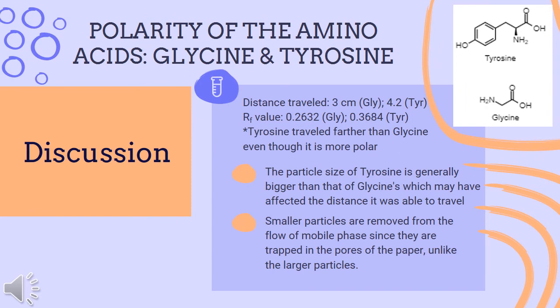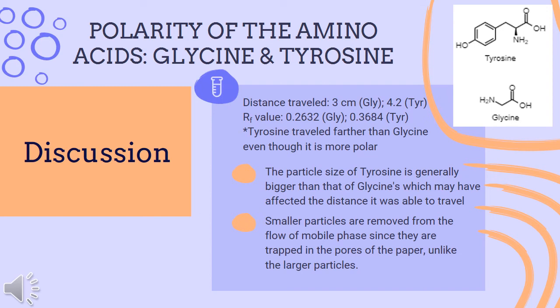Glycine is also nonpolar, but is less so than leucine since it only has hydrogen on its side chain. On the other hand, tyrosine is a less polar amino acid than lysine because of the presence of a benzyl group. Although tyrosine is more polar than glycine, it traveled a greater distance because the size of its particles is bigger than glycine.